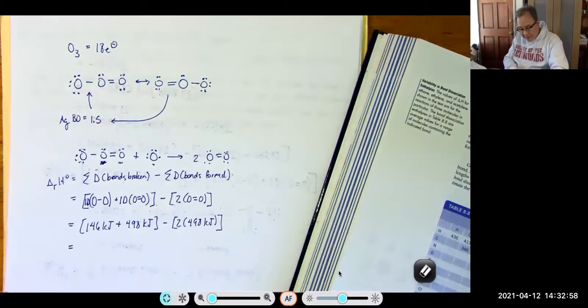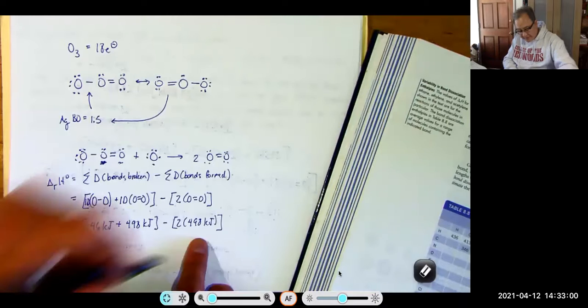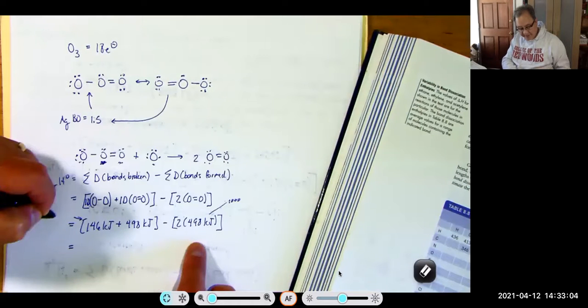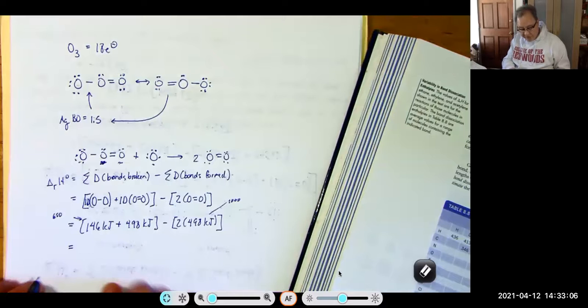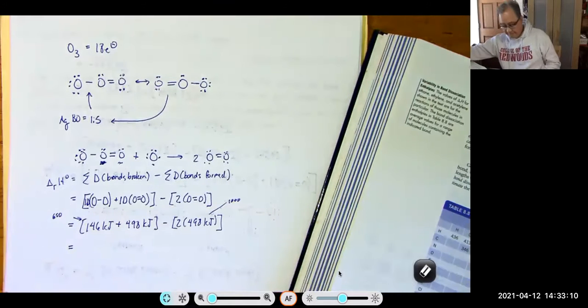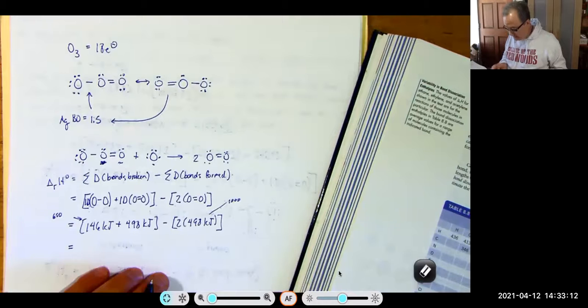So you can see, roughly speaking, that's about 1,000. And roughly speaking, that's about 650. So the difference should be about 350, right? And let's see what we get.